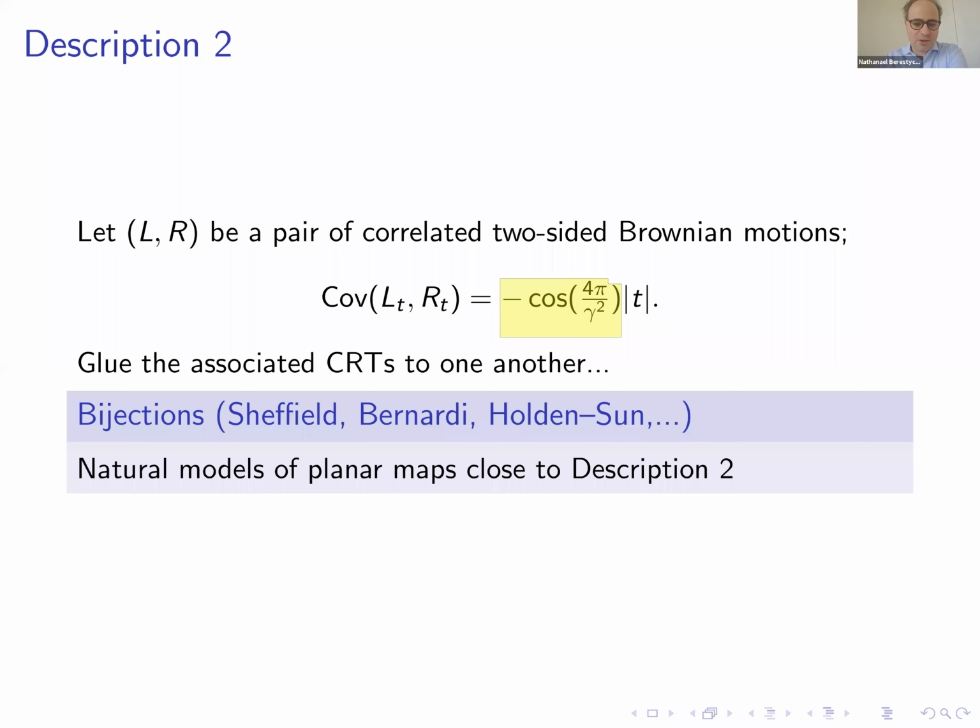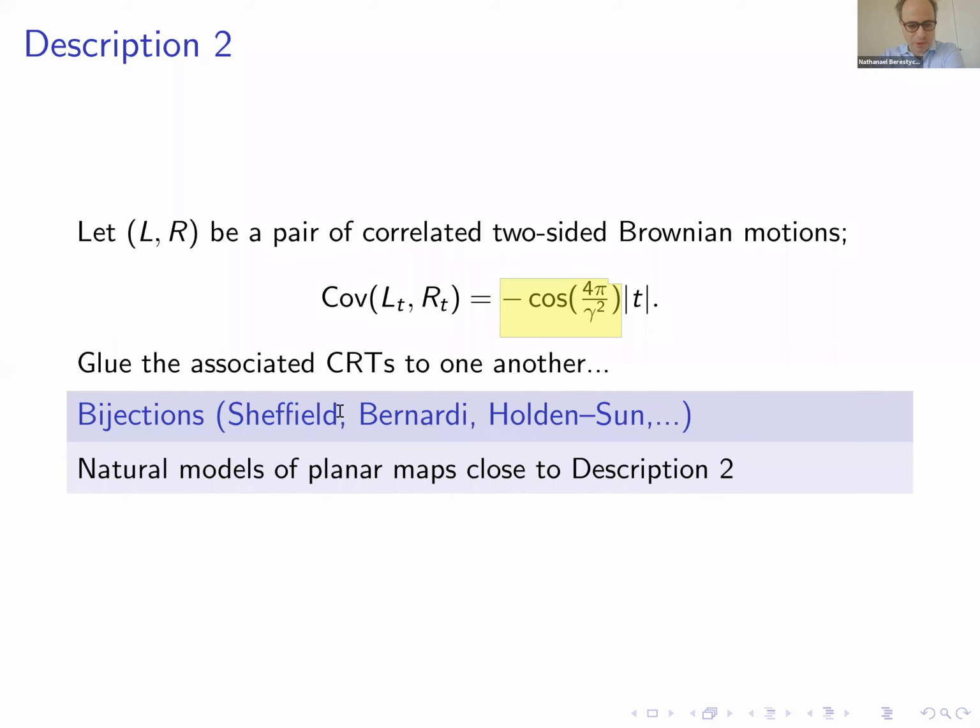Nevertheless, many natural models of planar maps have a description that is provably very close to that, in the sense that they are described by gluing of discrete trees, which can be proved to converge to these continuous random trees with the correct covariance coefficient. Often the constructions that allow you to prove this relation go via bijective techniques. There are various bijections, in particular those introduced by Scott Sheffield.